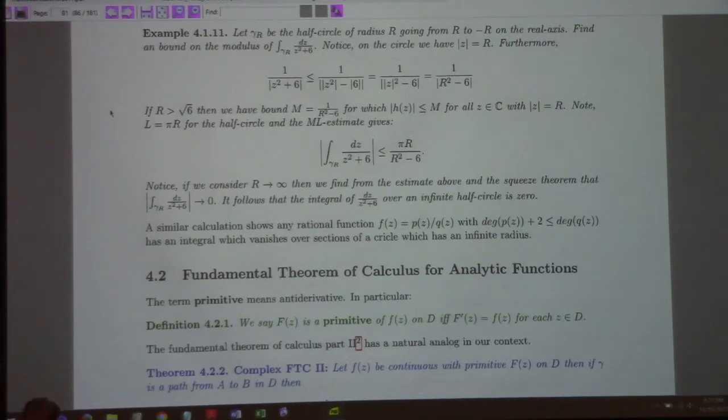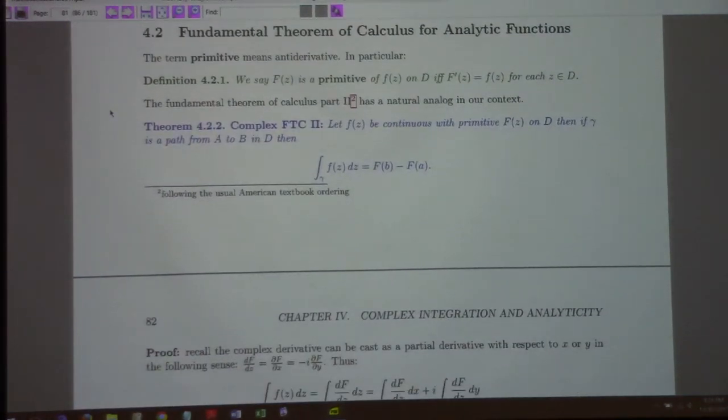So the length of a half circle is pi r, right? And the interesting thing about this bound is what happens as r goes to infinity. It goes to 0, right? So the integral of dz over z squared plus 6 goes to 0 as r goes to infinity, which means, well, that's going to be important in the examples I'll show you from a little bit later on here. So that's one thing.